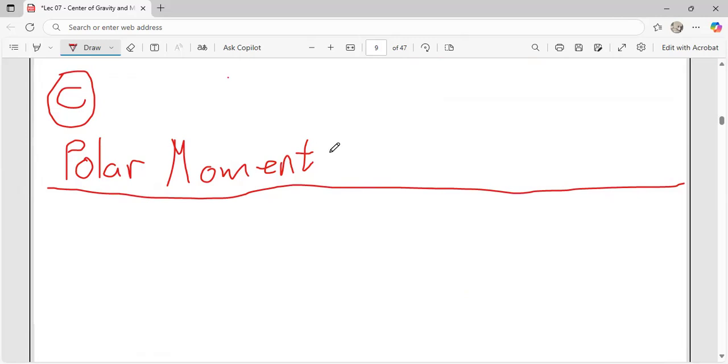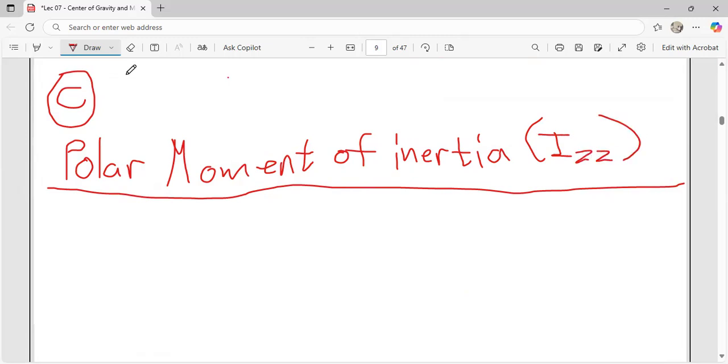Polar moment of inertia, into brackets, z subscript Z. Okay, yes. So let's all do that together. Bracket open. So this is the symbol for that.